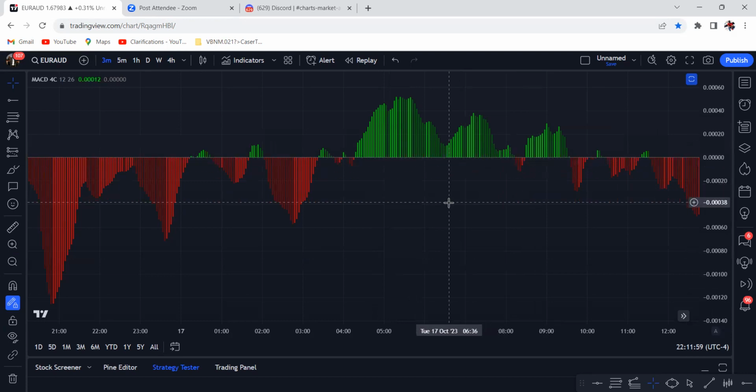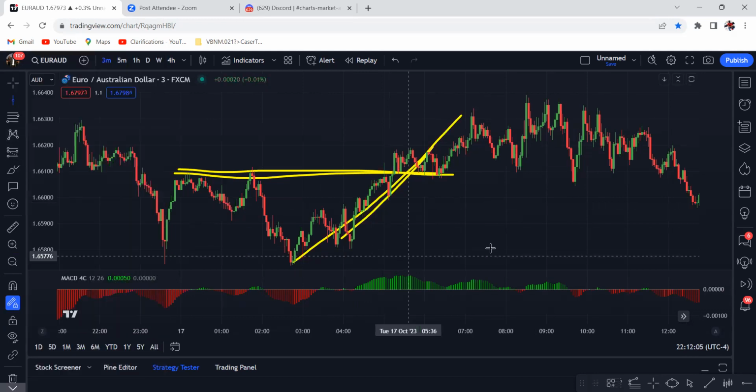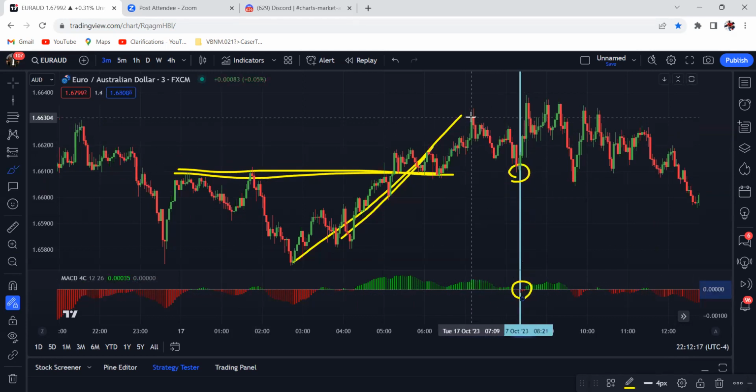That's the key. You see how this went bullish, let it go bearish. So I've been right around here, and that would have been your official retest. So you're now in alignment with the MACD and price action. Double confirmation.